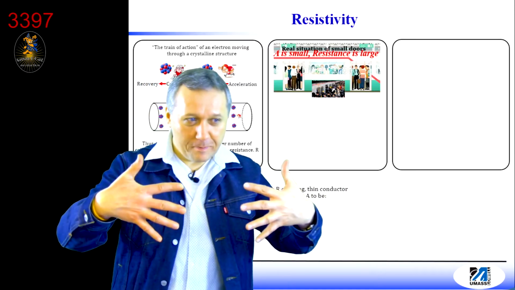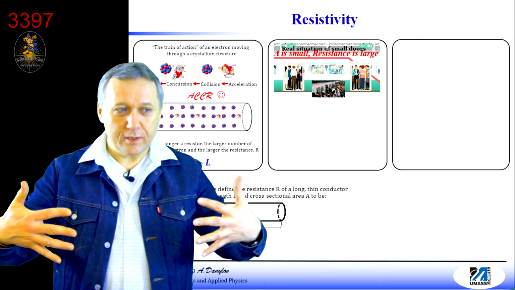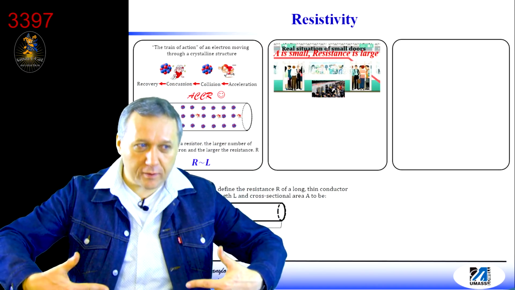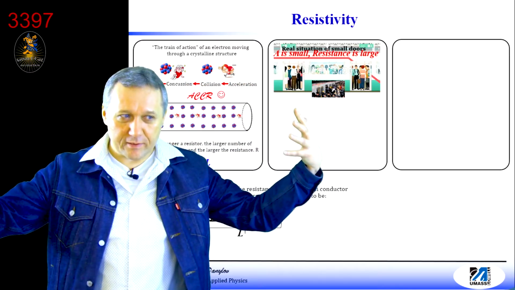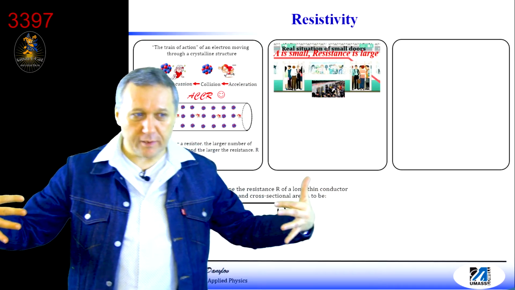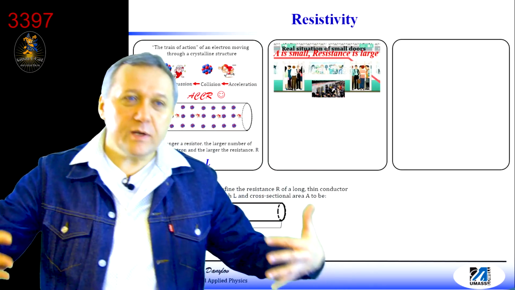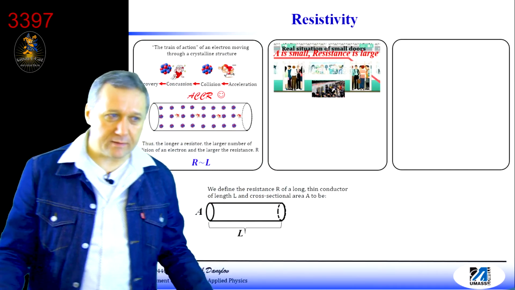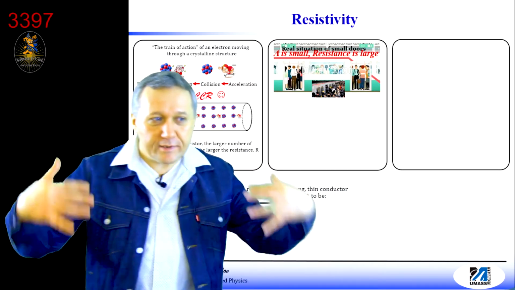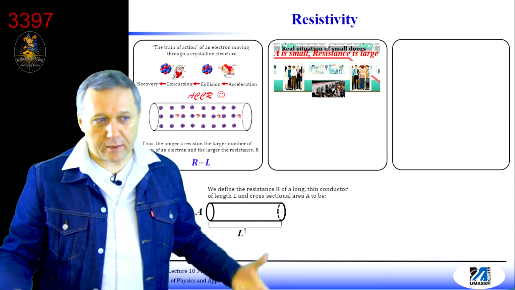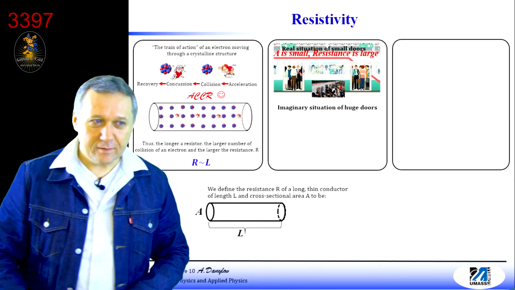The train comes to the station, and the whole front wall of the train gets lifted. What would happen in this case? All these people on the platform would be able to just step in without a significant amount of resistance. Now, you see, we increased the cross-sectional area, and now resistance went down.